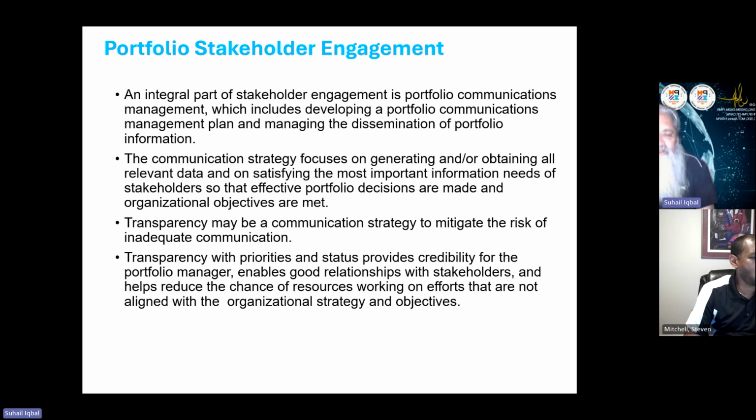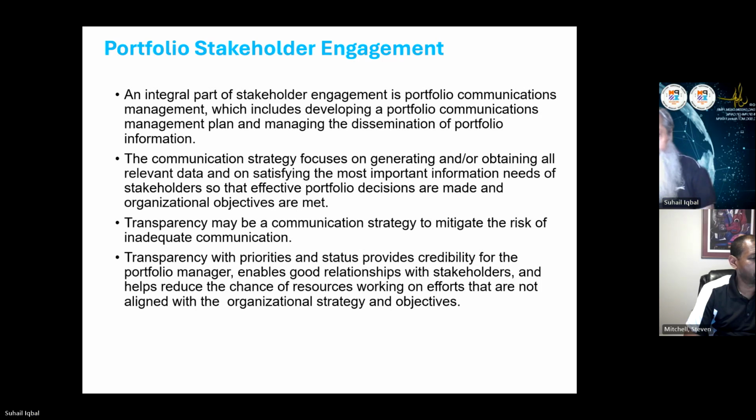Right? Transparency with priorities and status provides credibility for the portfolio manager, enables good relationships with stakeholders, and helps reduce the chance of resources working on efforts that are not aligned with the organizational strategy.